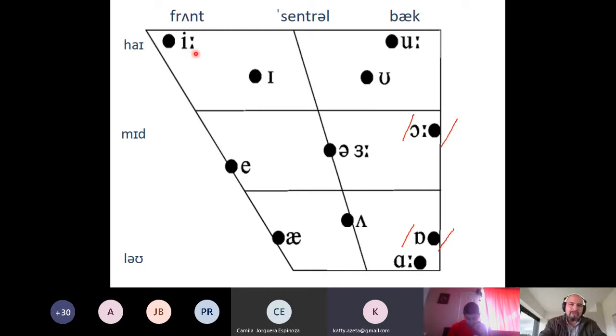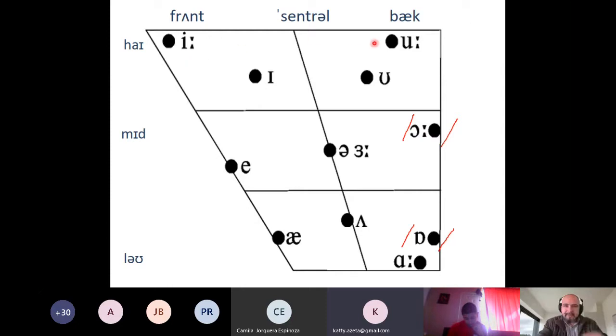For example, when we say feet, if we measure the sound waves with a machine and take a picture of the mouth or the articulators, the sound E is not going to be the same before a T sound, as in feet, or before a D, as in bead, or before an N, as in clean, because sounds influence each other, and sometimes one sound can make another sound shorter or with less voicing.